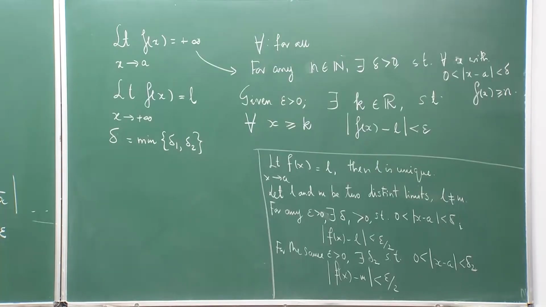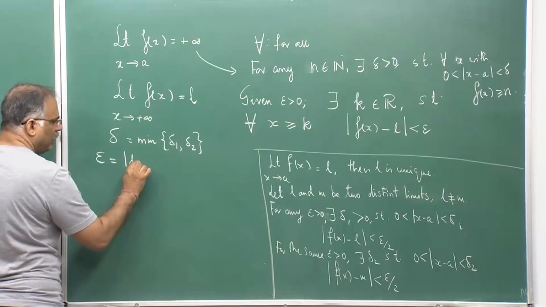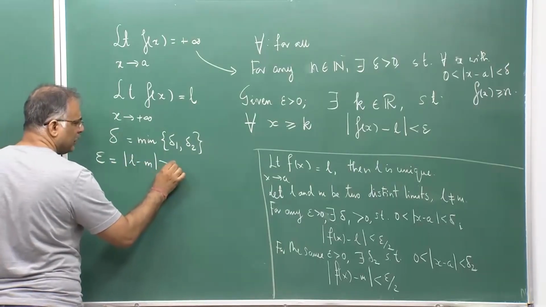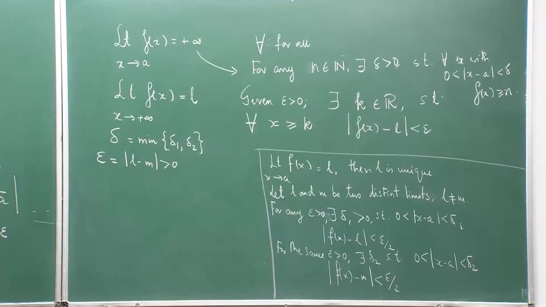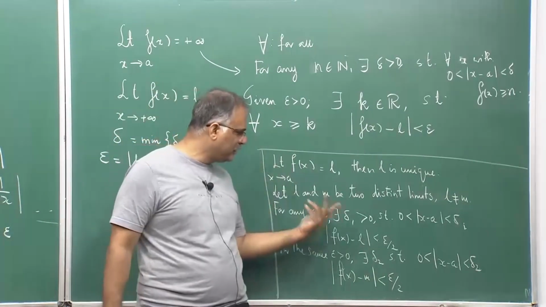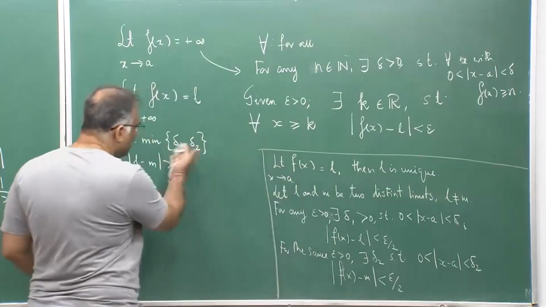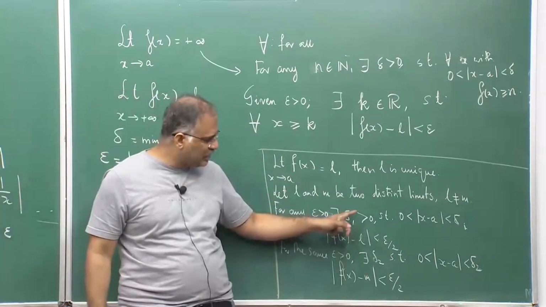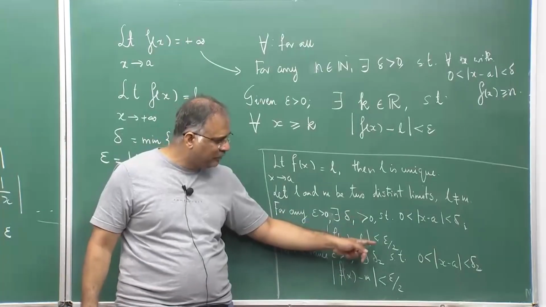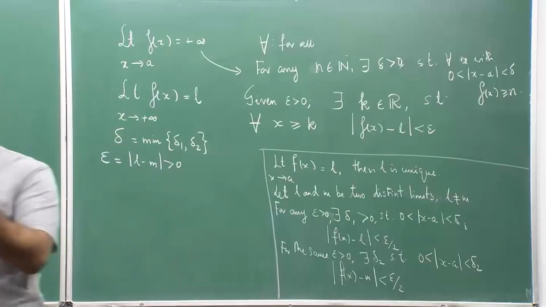Now, I will particularly choose epsilon to be |L minus M|, and this is strictly bigger than 0 because L and M are not the same. So, now let me write down. For any epsilon greater than 0, there would exist a common delta, which is the minimum of these, such that |f(x) minus L| should be less than |L minus M| by 2, because now I have chosen epsilon to be |L minus M|.